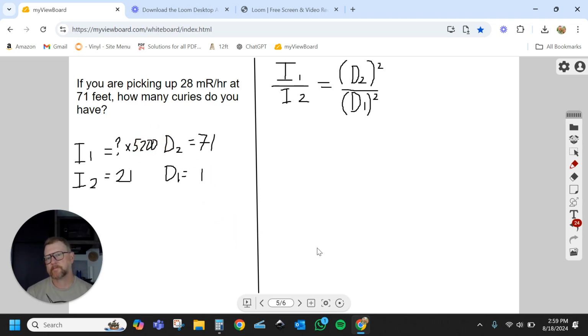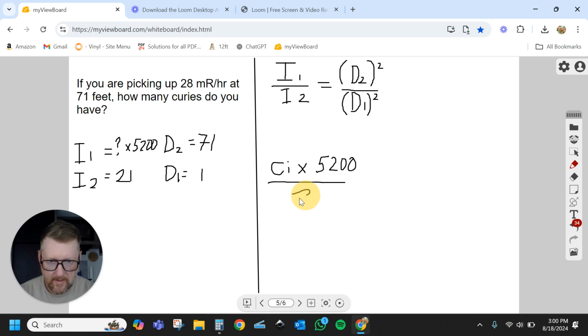At 1 foot. Okay? I'm just trying to figure out the Curies. We know how these work. So intensity 1 is going to be, let's put Curies times 5200 equals 28 over 71 squared.